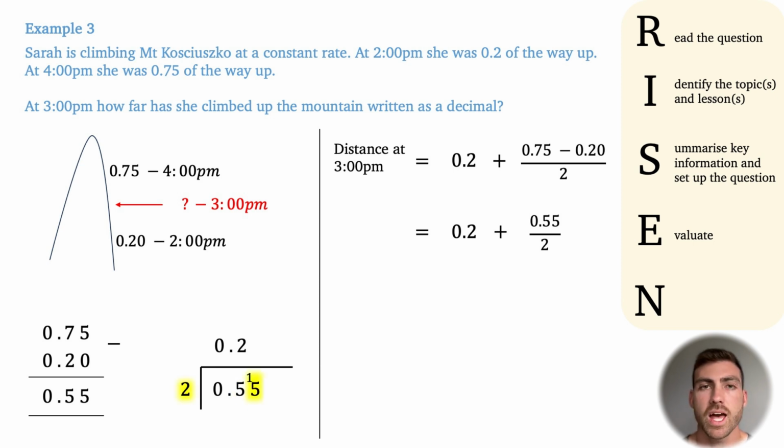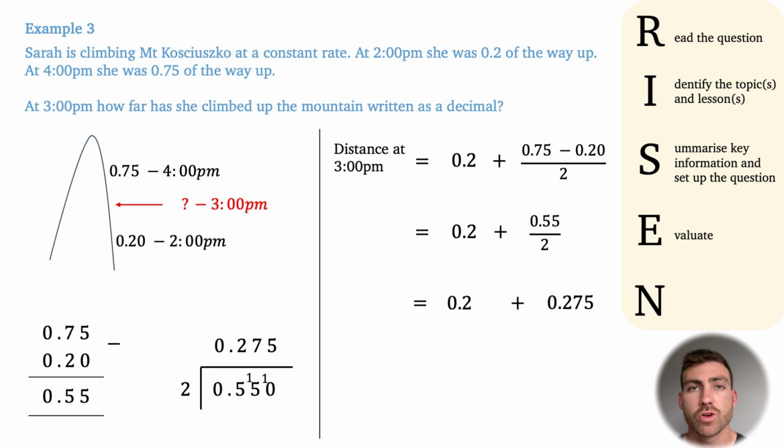Then asking how many 2's go into 15, which is 7 remainder 1. Since we'll get a remainder, we need to add a 0 to complete the calculation. Don't forget to carry the remainder 1. Next asking how many 2's go into 10, which is 5, giving us an answer of 0.275.